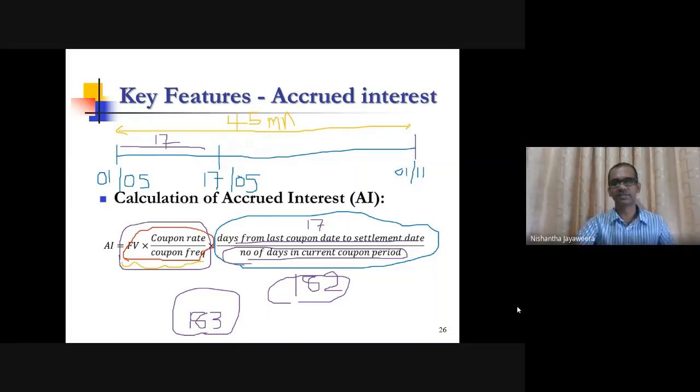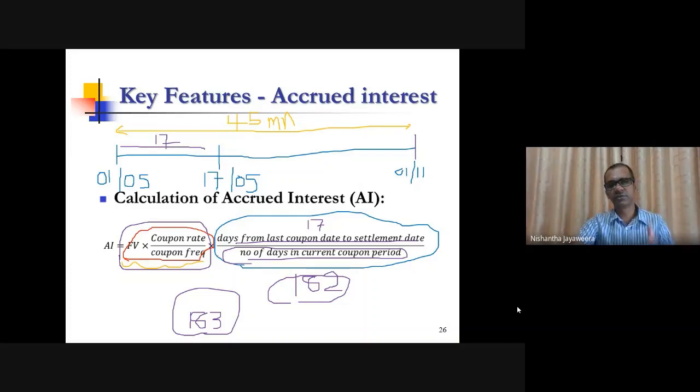So that means in between coupon dates, if we trade, what is the interest accrued on the bond from the last coupon date to the settlement date, which belongs to the current seller. So he should be compensated for his holding period. Therefore the buyer should pay that accrued interest to the seller on the settlement date.